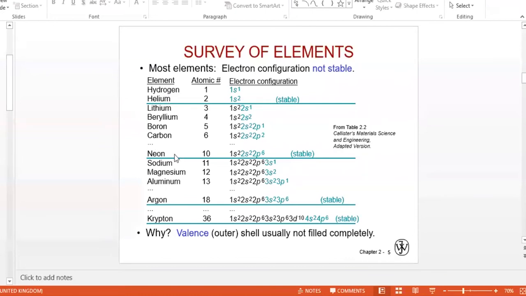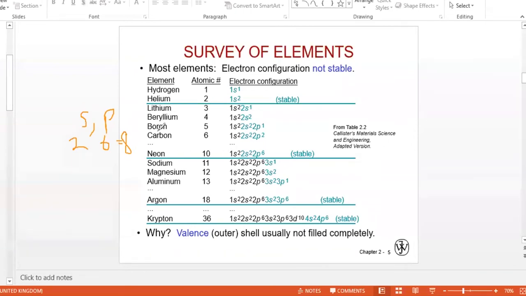Then we go to the next orbit. I told you, if it is the second orbit, then that is s and p. In s you know 2 electrons, in p I told you 6 electrons. So 6 plus 2 is 8. So the maximum in the second orbit we can have is 8 electrons.